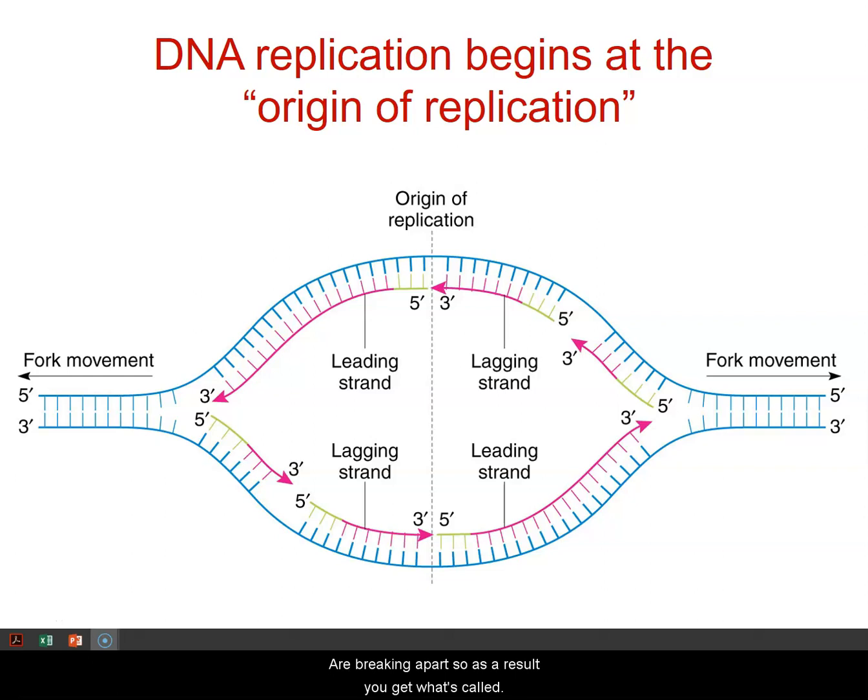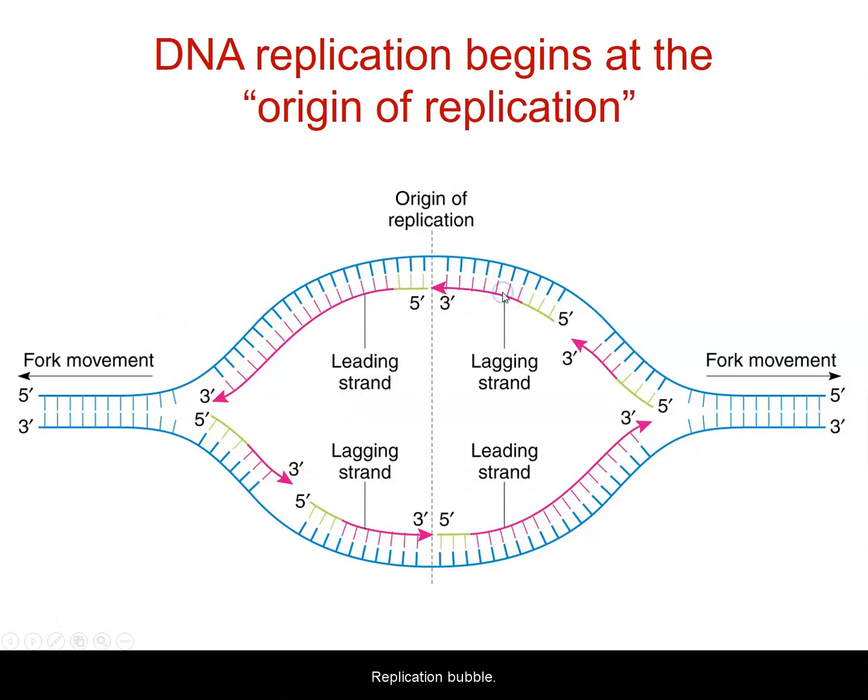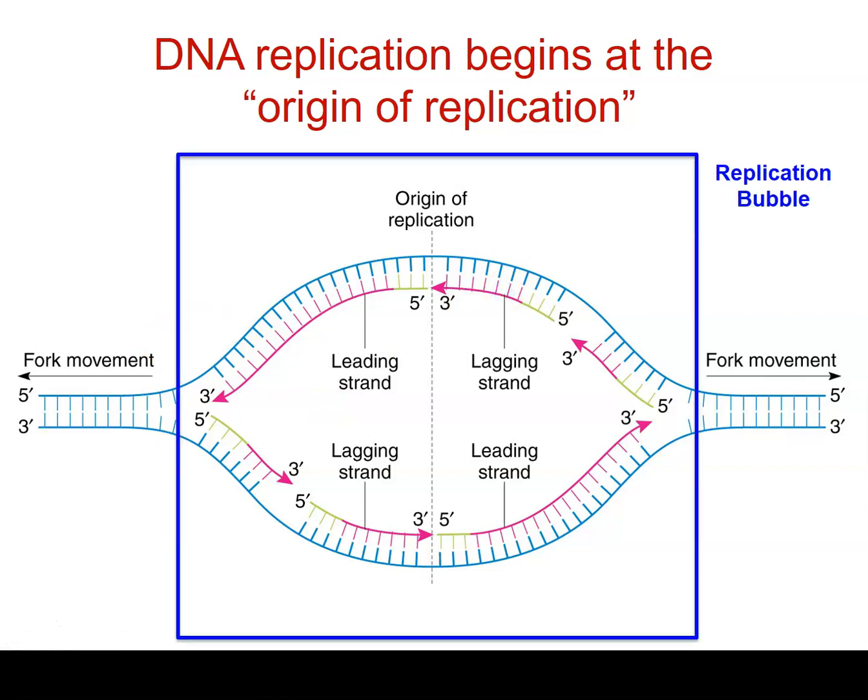So as a result, you get what's called a replication bubble. And the replication bubble, again, is this whole area that's being replicated. Replication is occurring in both directions, moving away.